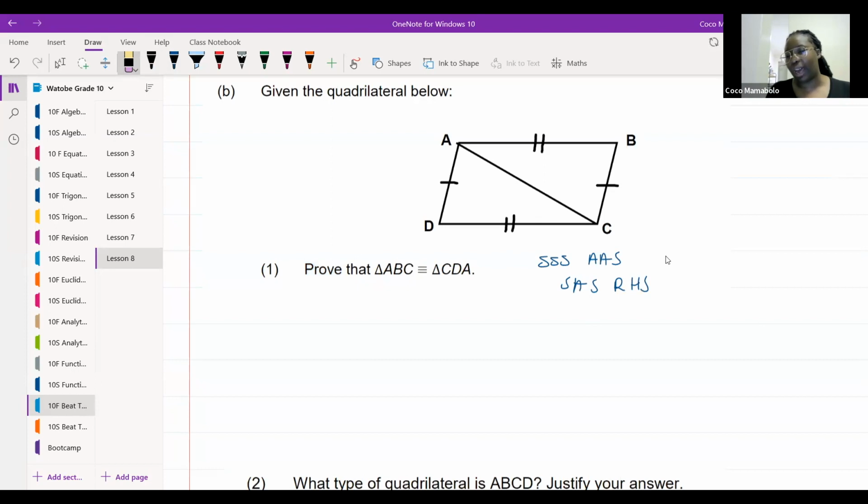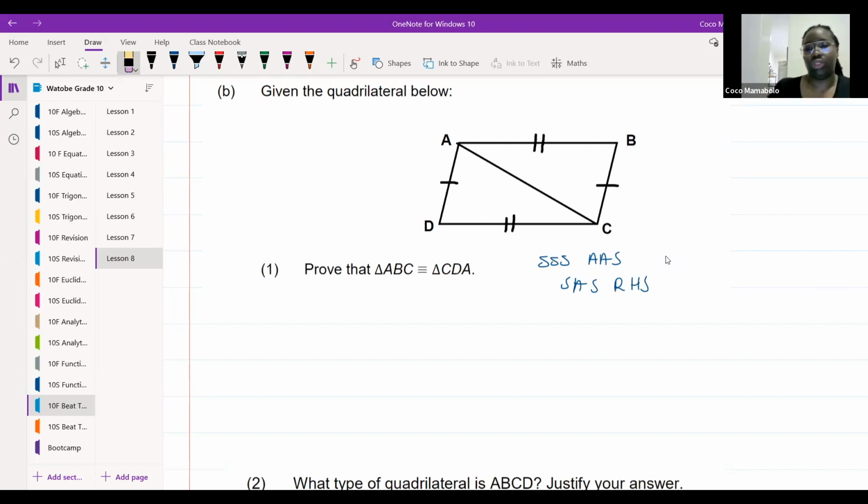I feel like I've left one out, but I'm going to give you guys some time to cook, okay? And amogelang, we cannot use the fact that they are alternate angles. Have they given us anything to do with parallel lines?